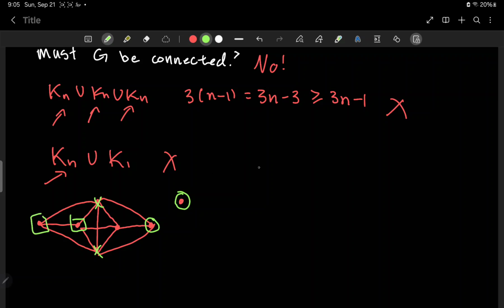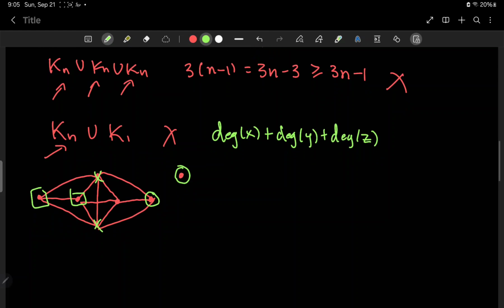Meaning, no matter what, the degree of x plus the degree of y plus the degree of z, sorry if I switched up the letters, yes, x, y, and z, must be, so we know for sure we must have a degree 0, at least one degree 3, and then either a degree 3 or a degree 4.